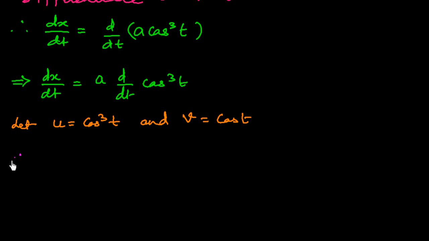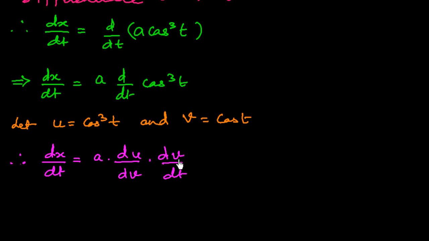Therefore dx over dt is equal to a into du over dv and dv over dt. We are applying the chain rule.